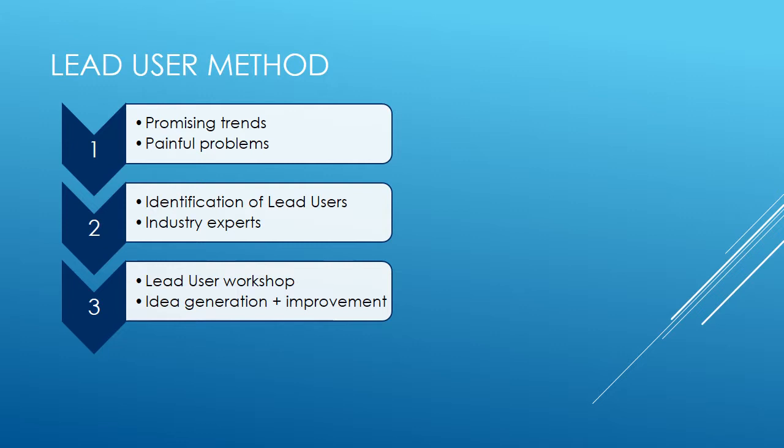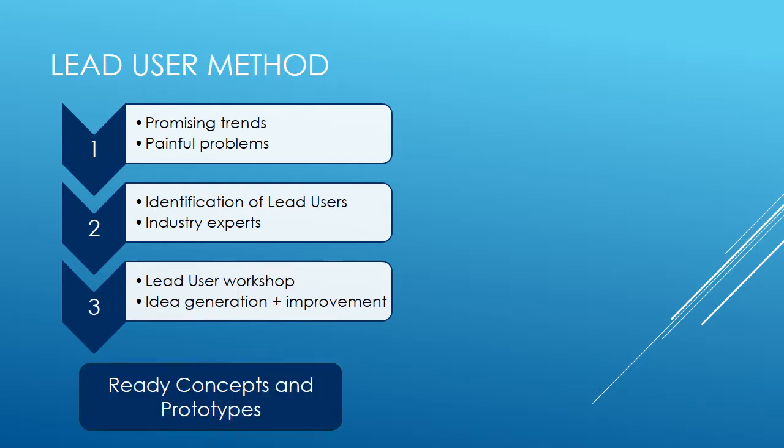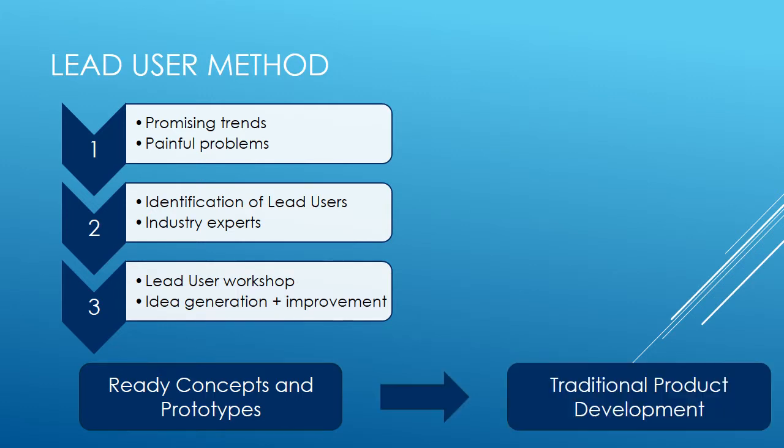For the rest of the days, the ideas that have been generated on the first day are improved step by step in these teams, and some concepts and prototypes are developed in these 3 to 5 days. When these concepts and prototypes are developed well enough, you can then use them in your traditional product development.